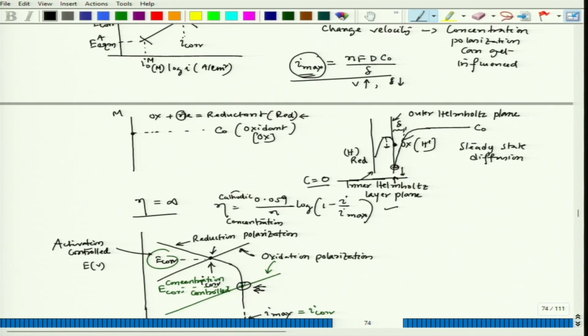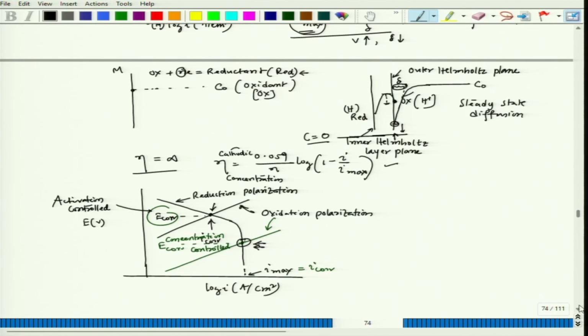Because this boundary layer, the diffusion layer, will shrink because of the increase in velocity. If that shrinks, then this should go up. So, we could see that if delta decreases, I could have a higher I max. So, the curve will change to this location.